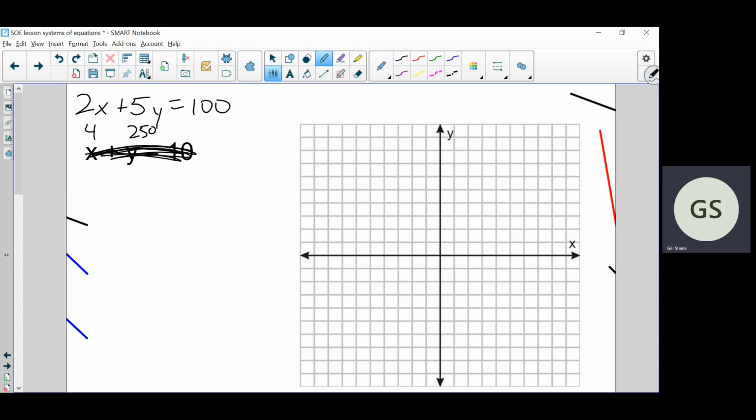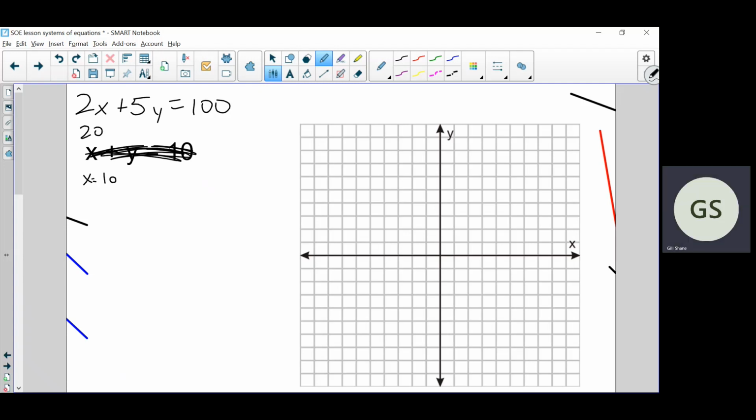This is a big number, so it's not as easy as it would be on one of my exit tickets, but this is absolutely a way you can do it if you just get what I'm saying. If x was 10, what would 2 times x be? 20, right?